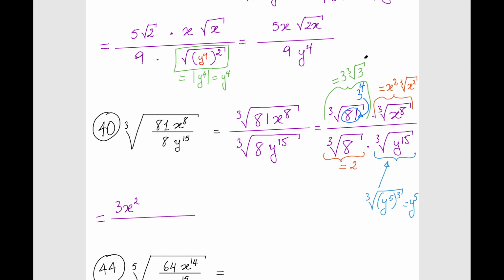And cube root of 3 times cube root of x squared is cube root of 3x squared. And downstairs is simply this guy 2 times this guy, which is y to power 5. Okay.